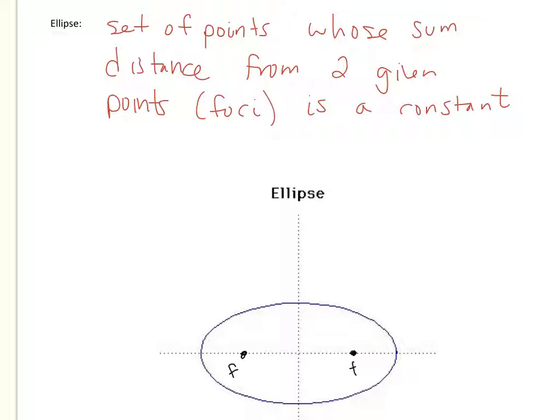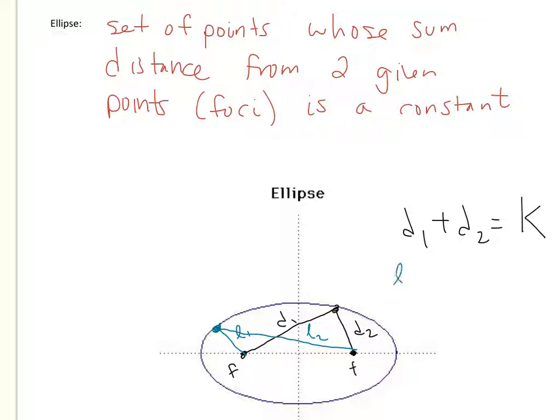If I take any point on this ellipse, let's say I take this point here, and this distance here, we'll call it D1, and this distance here, we'll call it D2, I can add those two distances together, and I'll get some number, I'll call it K. Now if I take another point on the ellipse, let's say it's over here, and I take this distance, we'll call this L1, and the distance to the other focus, which is way over here, we'll call that L2, then I know L1 plus L2 also equals this same number K.